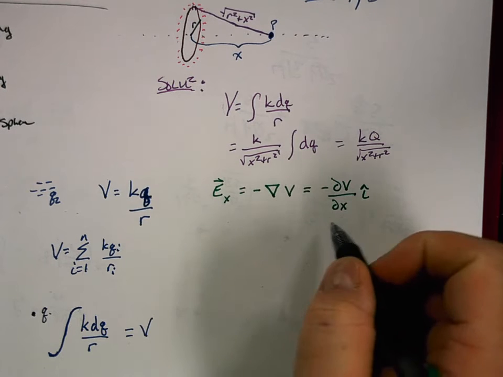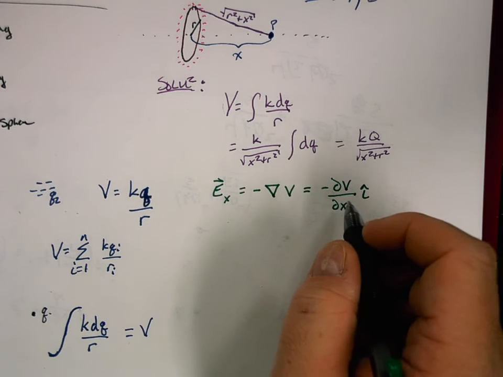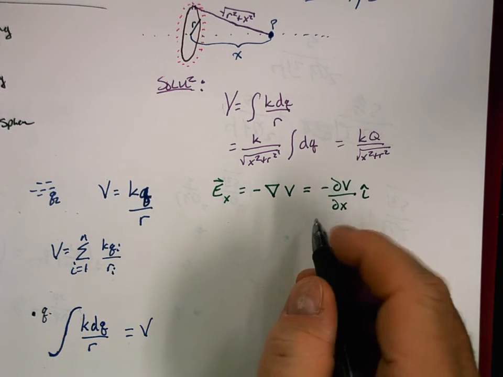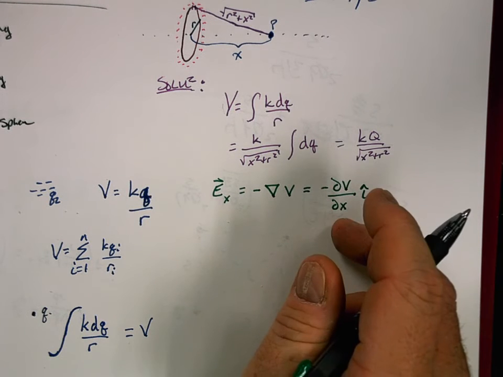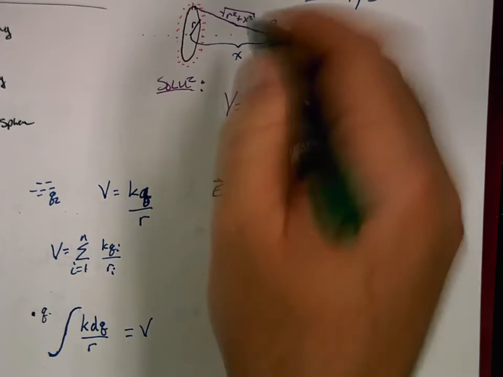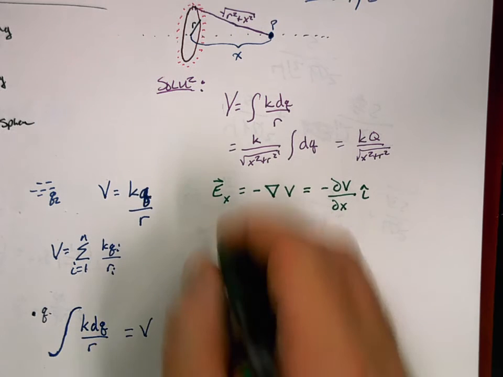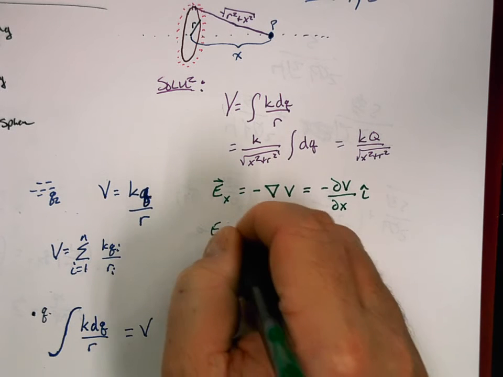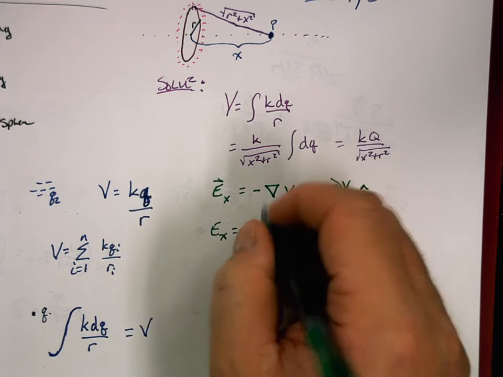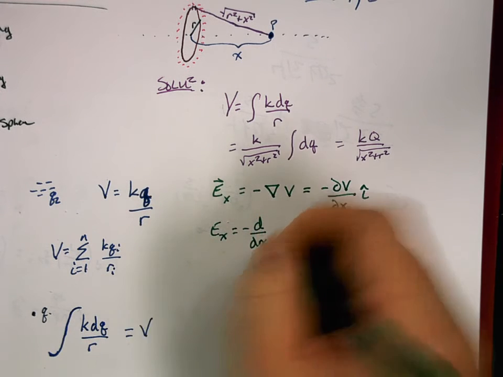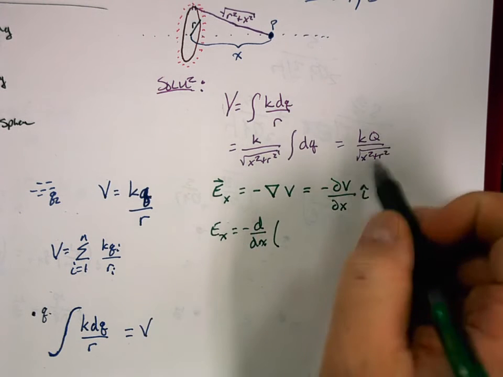So, there's good news for this, because this is only happening in one direction. We're only concerned about the one direction. So Ex is going to equal negative d/dx of this.